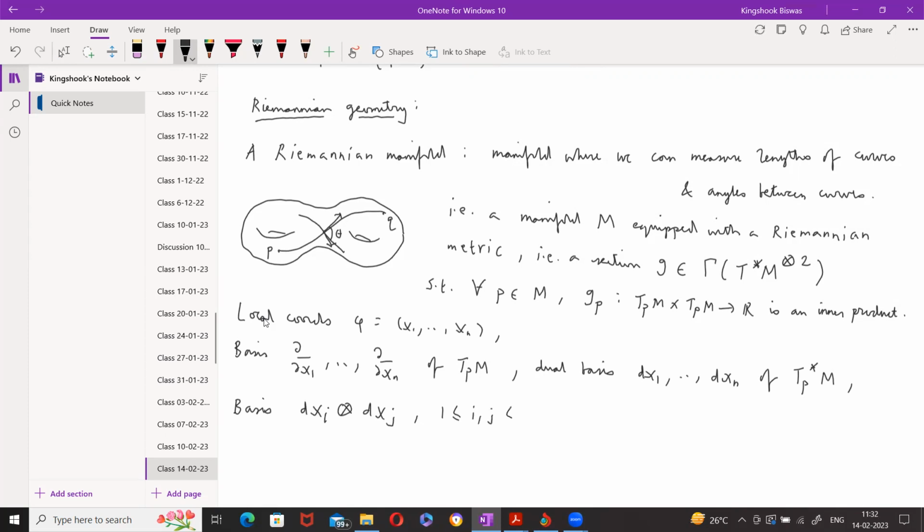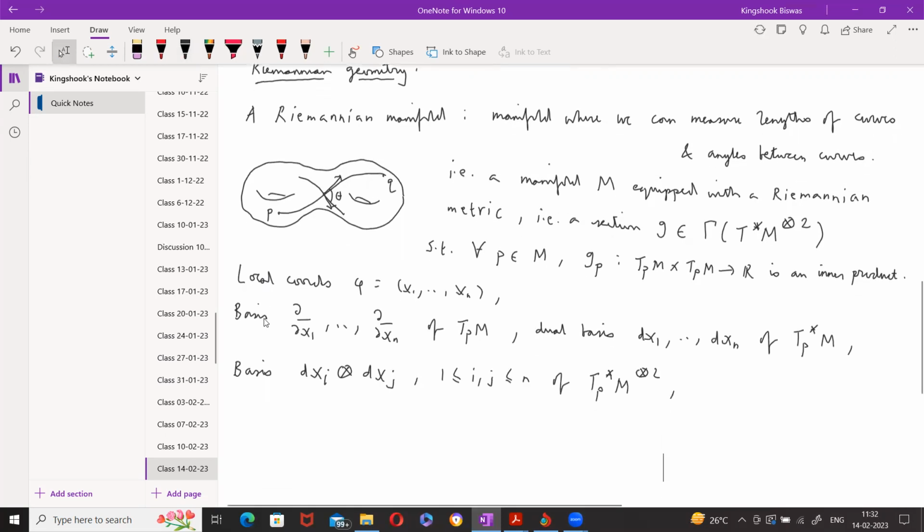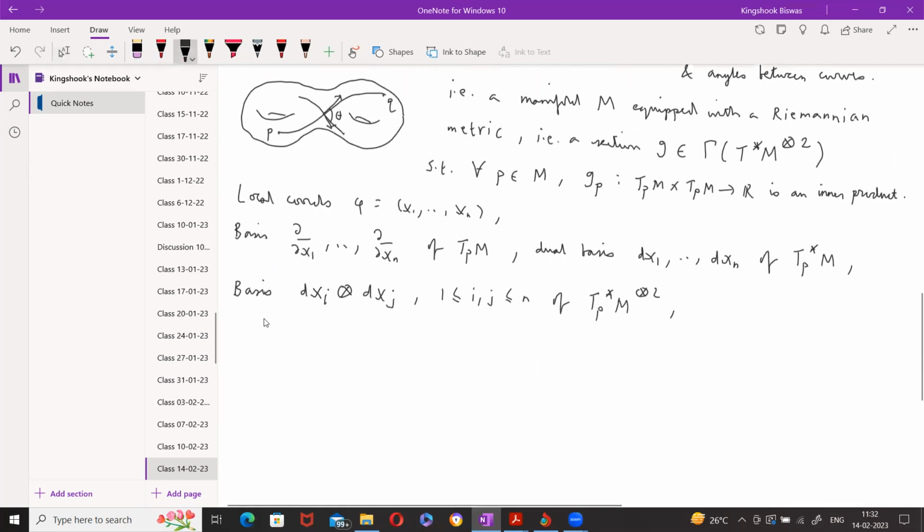This will be my basis of Tp star M tensor with itself. And so what is my g_p going to be? With respect to this basis, this is going to be a sum over i, j.